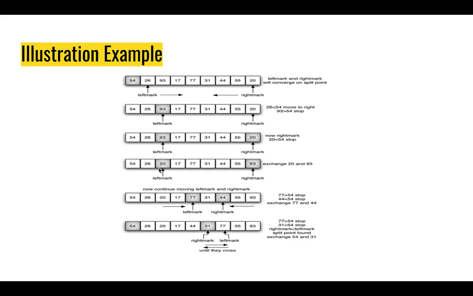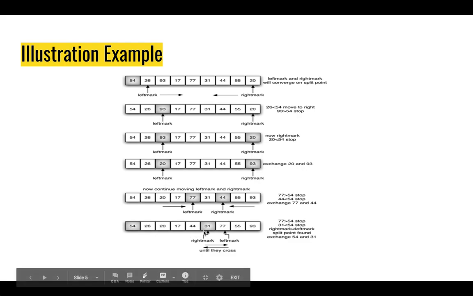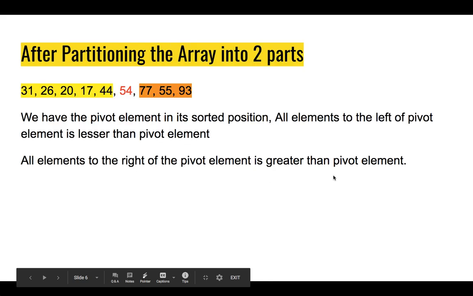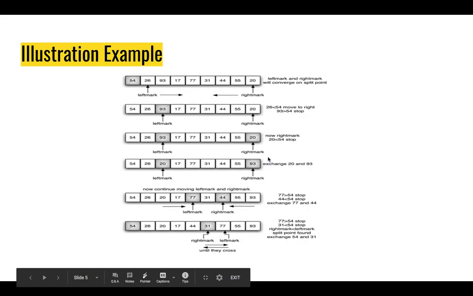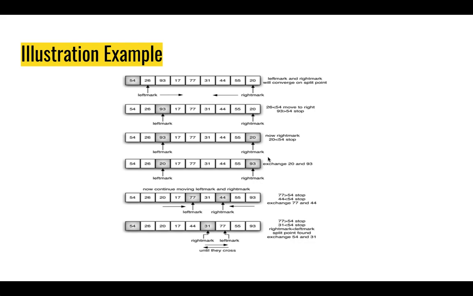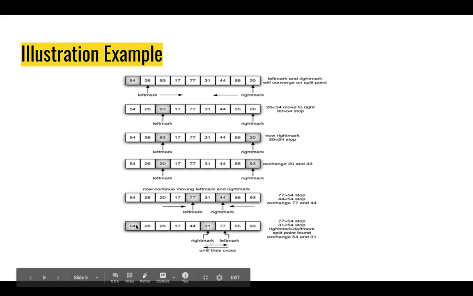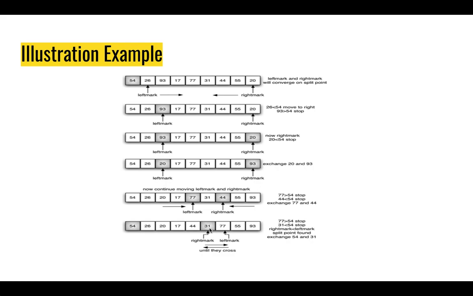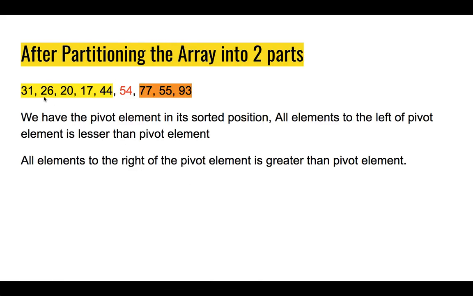Here we have replaced 93 by 20 and 20 by 93, and we continue doing this until we hit the position where there is a crossover between the right pointer and the left pointer. When they cross over, the pivot element is replaced with the right pointer's element, which is 31, swapped with 54, which is what is represented here.